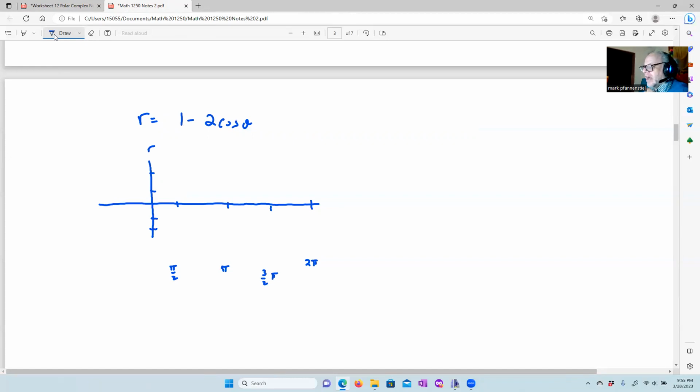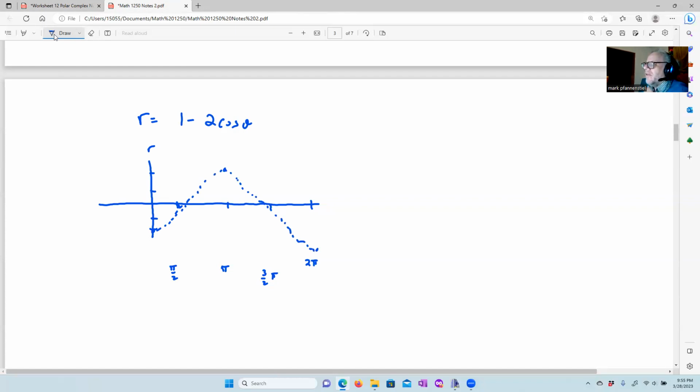If I dot in my -2 cosine theta, cosine of pi over 2 is 0, and at pi cosine is -1, so -2 times -1 will be up here at 2. I'm just going to dot in this little part here first, and we'll pretend that I hit all the dots.